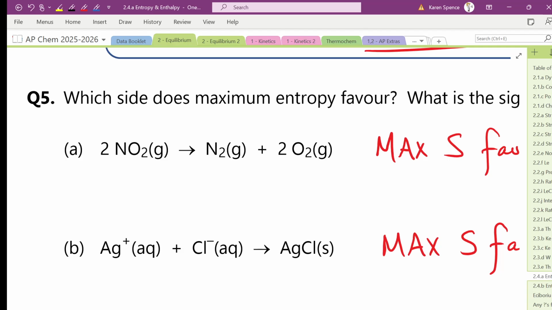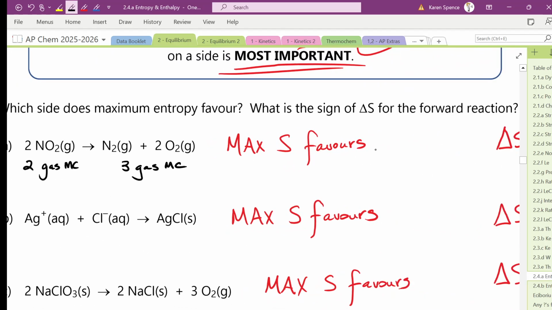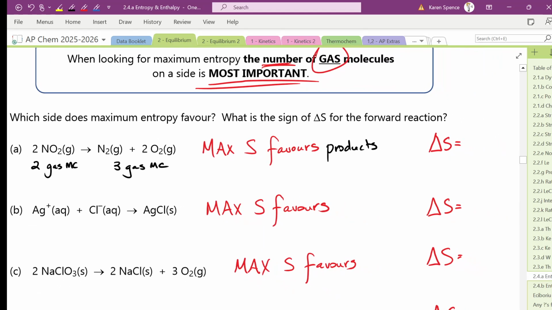In A, maximum entropy favors the products because we've got 3 gas molecules, and over here we have only 2 gas molecules. So that favors the products. And so delta S, is it positive or negative? Positive, yes.